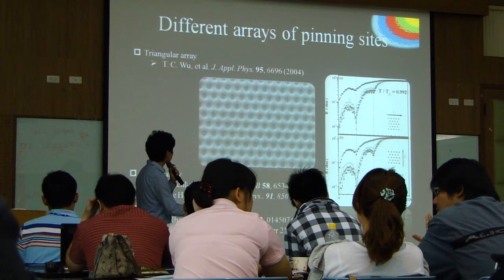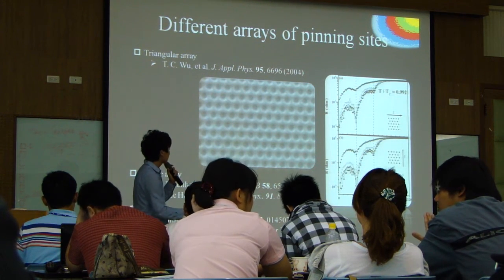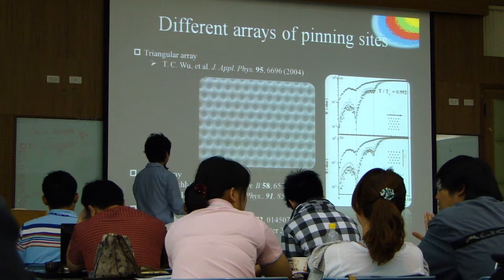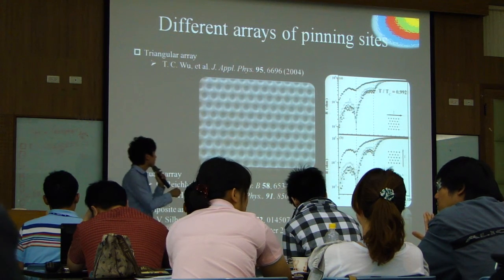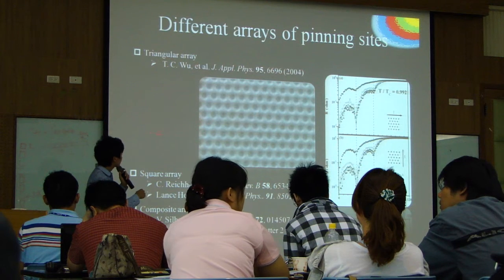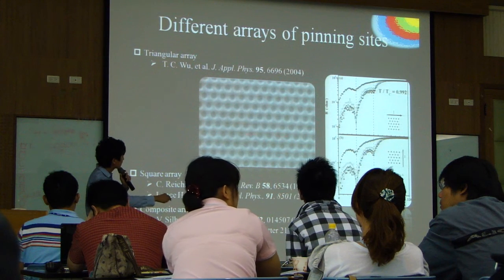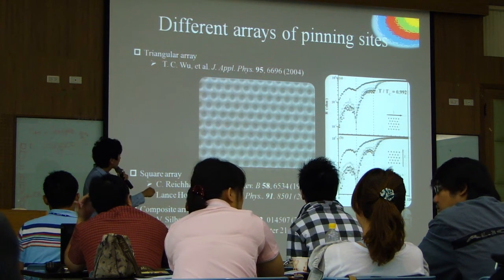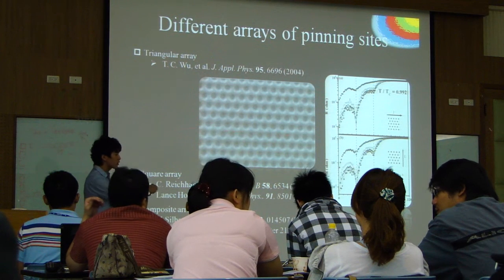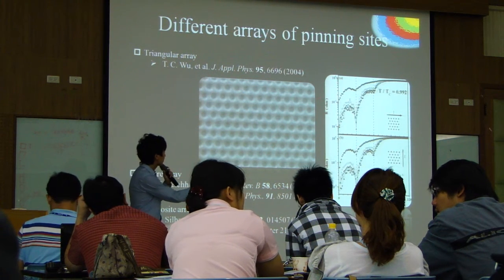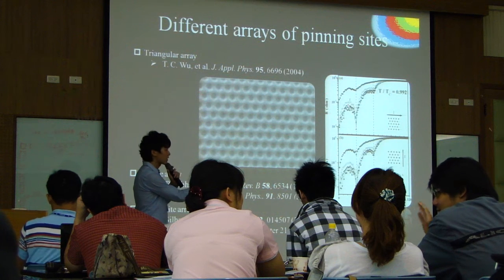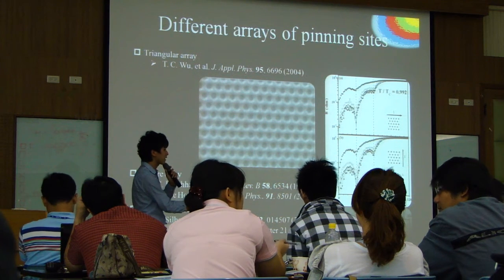They make this fabrication, inject a current along the x-axis, and measure the voltage in the same way too. So this is their result, the RH loop here.